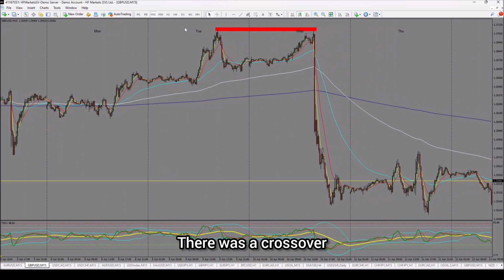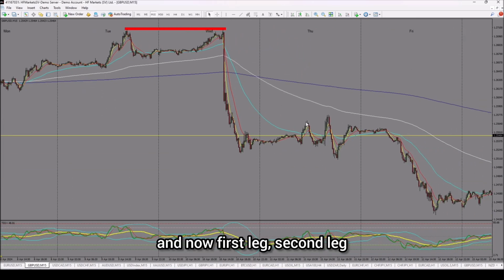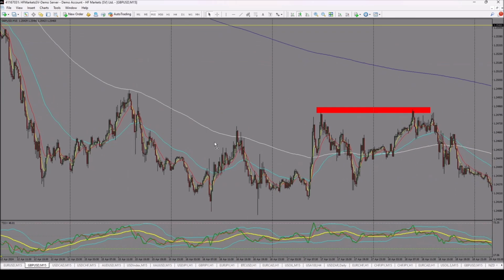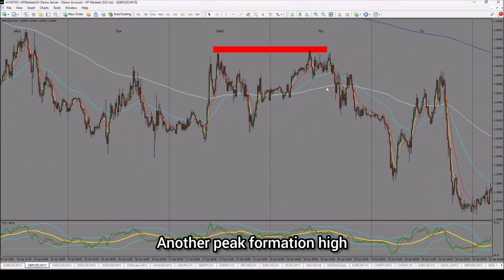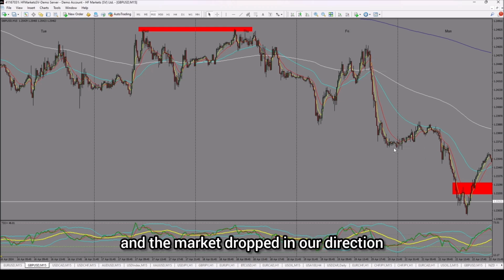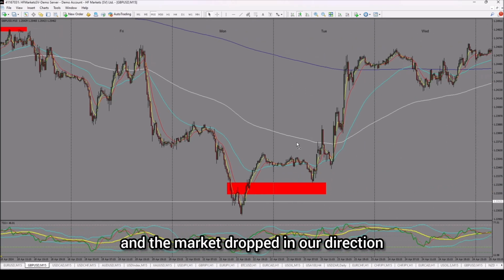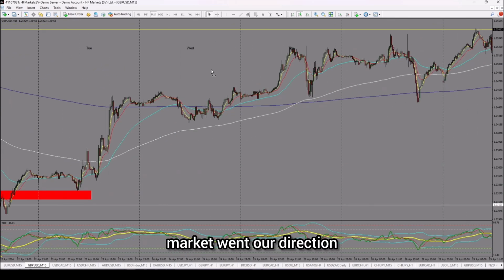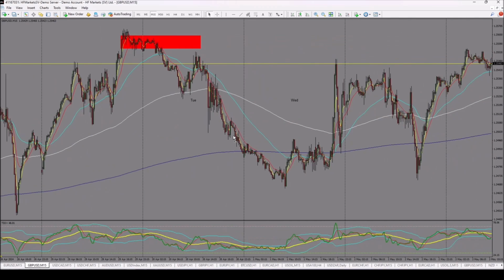There was a crossover, a beautiful peak formation high, and now first leg, second leg, and the market dropped in our direction. Another peak formation high where we had a crossover, first leg, second leg, and the market dropped in our direction. Another peak formation low, first leg, second leg, the market went our direction.